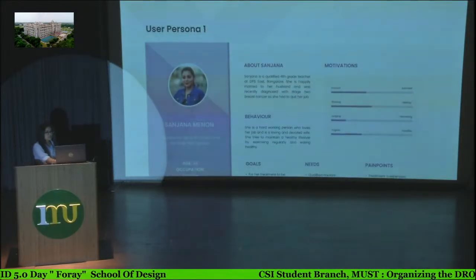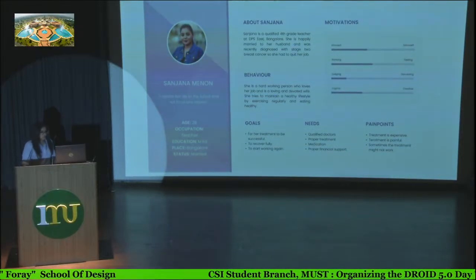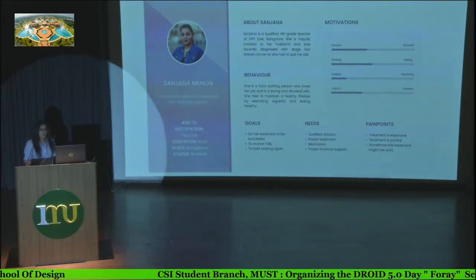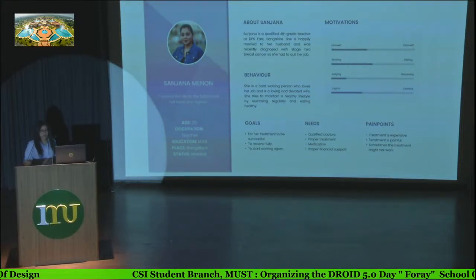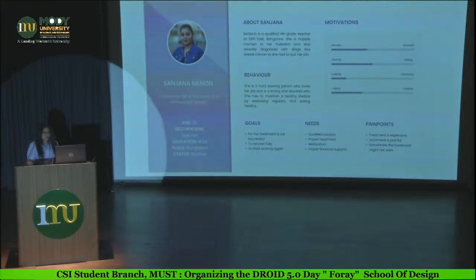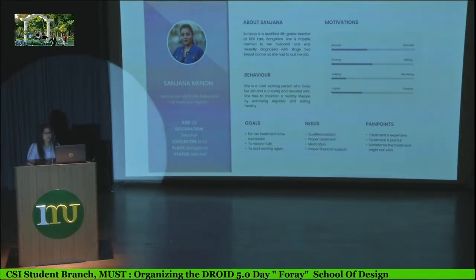To get a better understanding of the users, we use certain tools called persona, empathy maps and customer journey maps in UX design. This helps us understand the end-to-end journey of the user throughout the process.